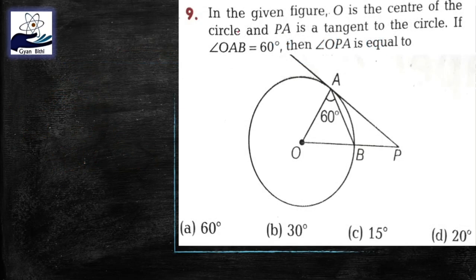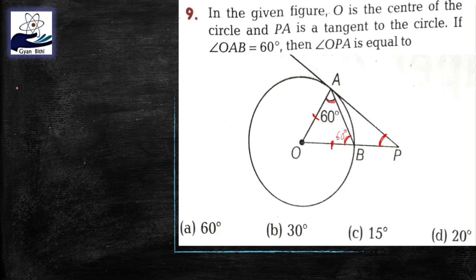Next, in the given figure, O is the center of the circle and PA is the tangent. If angle OAB is equal to 60 degrees, then find OPA. OPA means this angle, which you are going to find out. OA is the radius of that circle, OB is also a radius. Since these two sides are equal in this triangle, this angle should be equal to this angle, so this is also 60 degrees, correct?